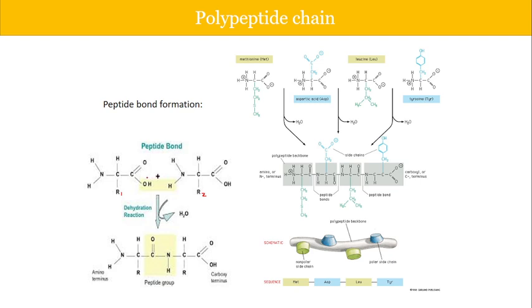The OH is lost from the carboxylic acid, and an H is lost from the amine group, the dehydration reaction takes place, and you get the peptide bond. Okay, so in this manner your peptide bond is formed.